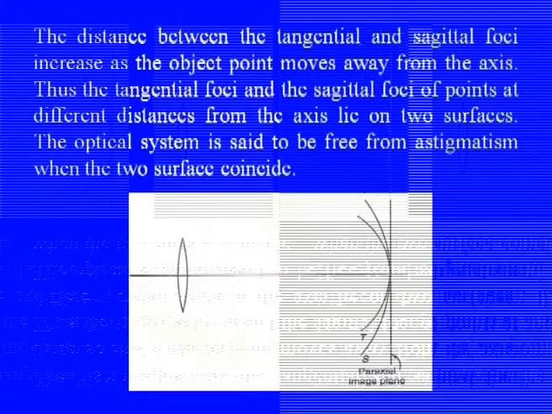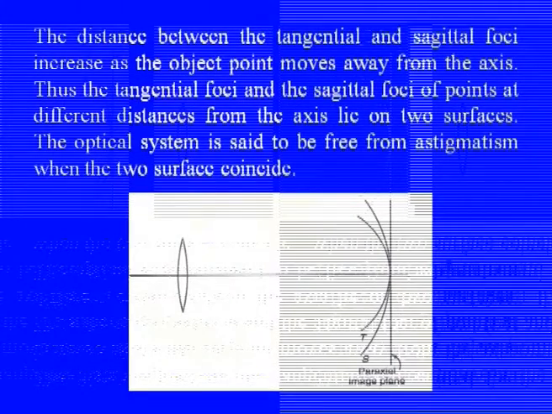Now, the distance between the tangential and sagittal foci increases as the object point moves away from the axis. Thus, the tangential foci and the sagittal foci of points at different distances from the axis lie on two surfaces. The optical system is said to be free from astigmatism when the two surfaces coincide.